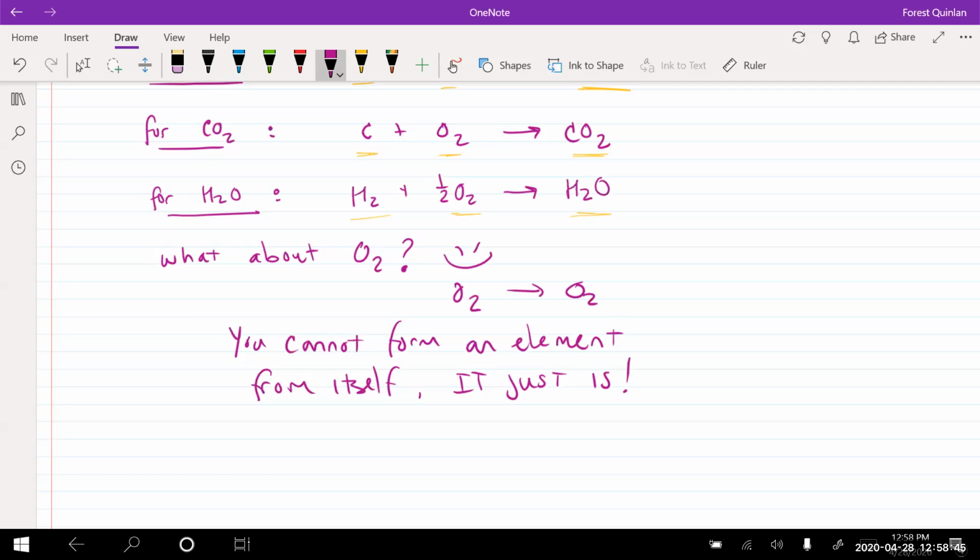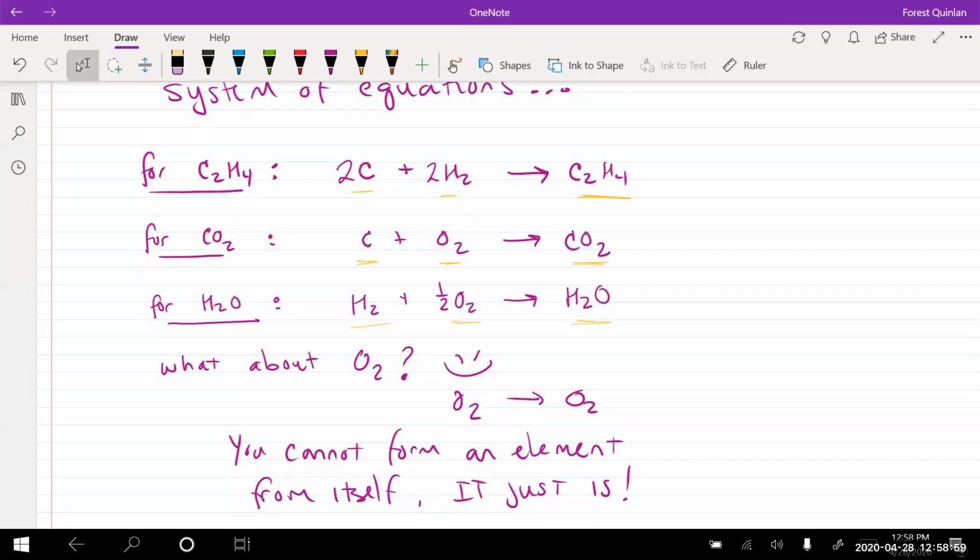And so even though it's an ingredient there, as far as making its own contribution, it doesn't exist. So we have three equations up here, and what we want to do is make C2H4, okay? So here we go.